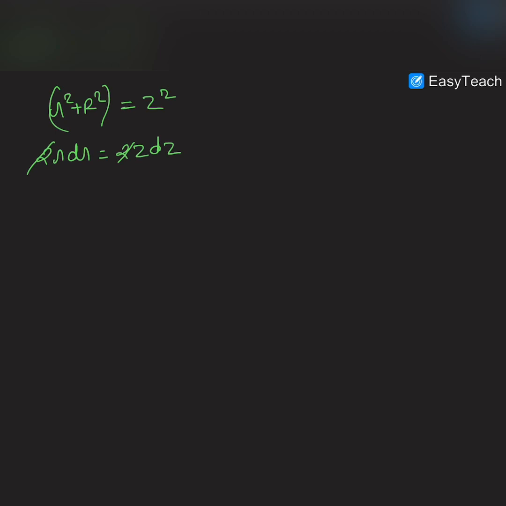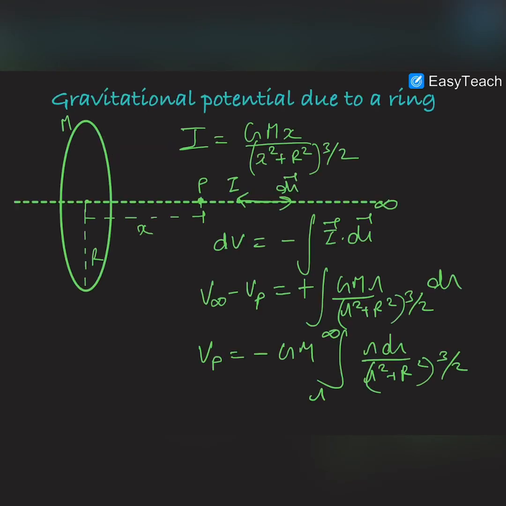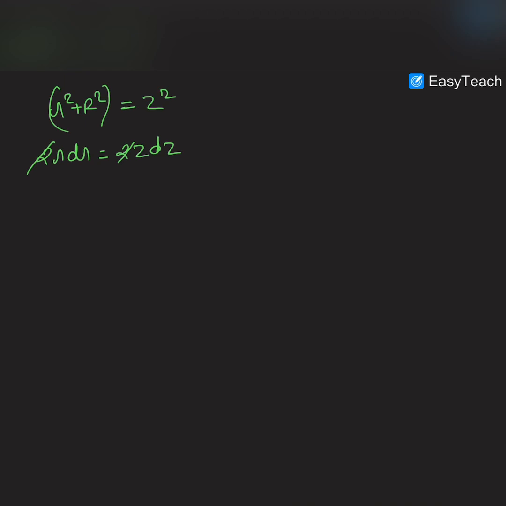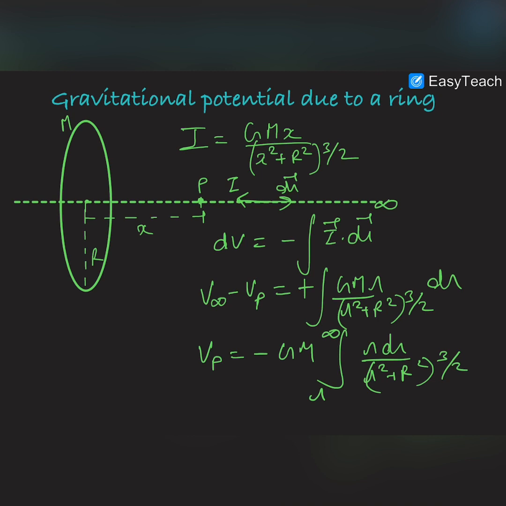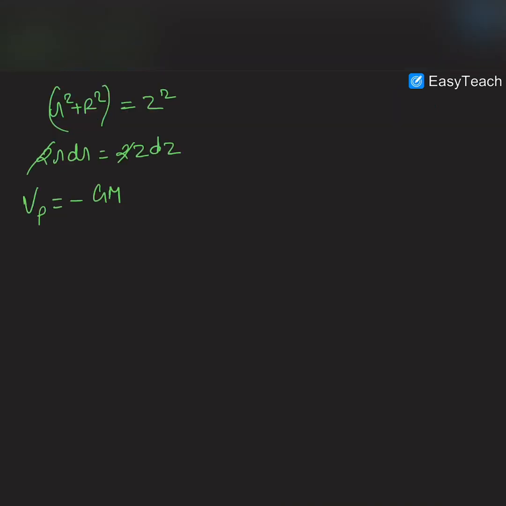So by substituting these values, we can say that Vp is equal to minus GM, and the integration would be like that: r dr is z dz, and this z square to the power 3 by 2 would be z cube, and the limit would be from r to infinity.